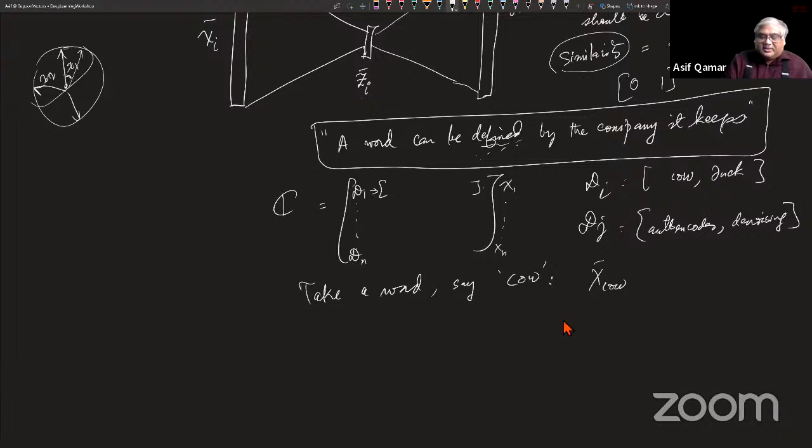So you go and look at the document and you take a certain window, or you may not take a window, depending upon it. You just say, what does it co-occur with? What company is it keeping? And now we'll define the company that it keeps.